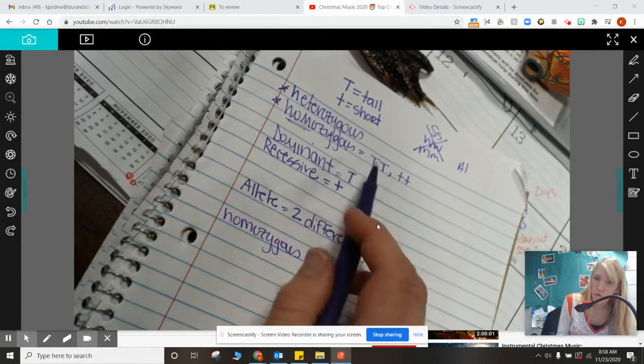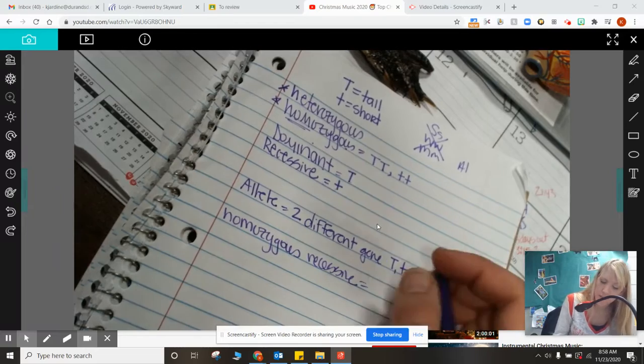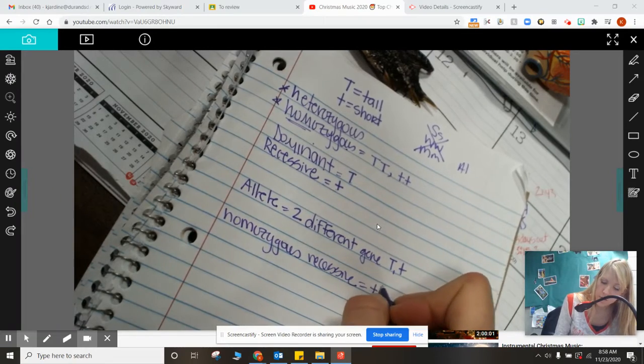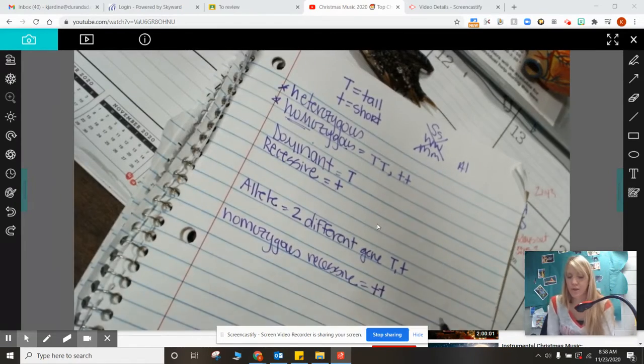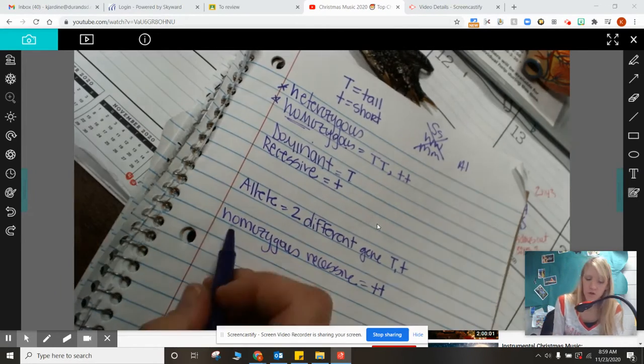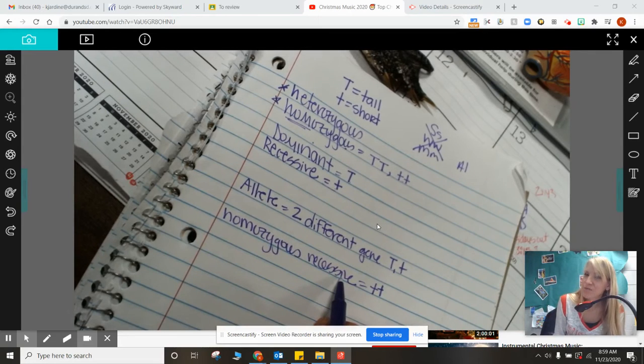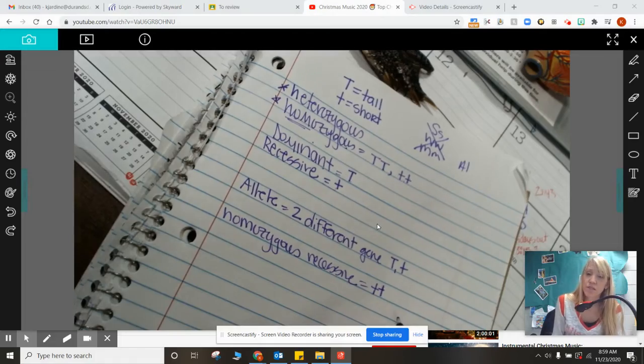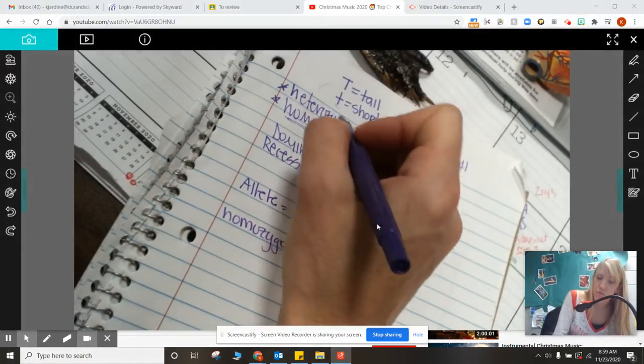Homo means same, so two of the same, and recessive is always going to be the lowercase letter. So that's homozygous recessive. Okay, so that would give us short, because the only way recessive shows up is if there's two of them. So homozygous recessive is always two little letters, so in this situation it would be short.